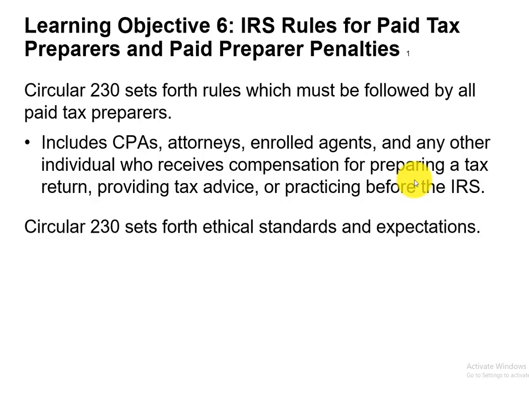Some you might call it ethics, what's expected, and if you violate them, the IRS can basically say, you can't do this anymore. You can't do this for money. You can't prepare others' tax returns. They can't tell you that you can't prepare your own tax return, but they can tell you that you can't prepare others' tax returns. If you continue to do so, then the penalties can go up.